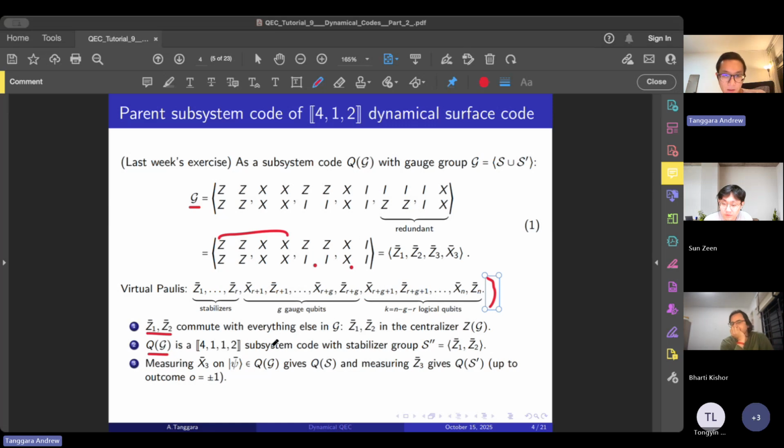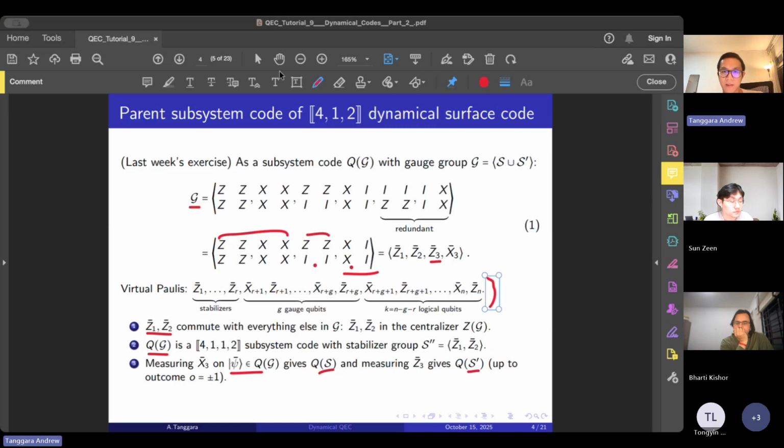Then we measure this X3, which gives you the state in this first stabilizer group S. But if I measure Z3, I'm going to update to this stabilizer group S prime.